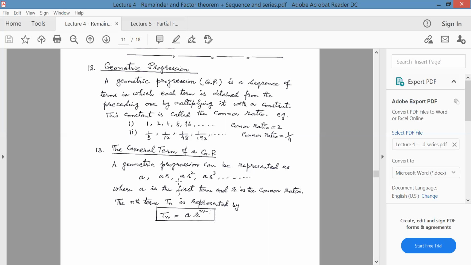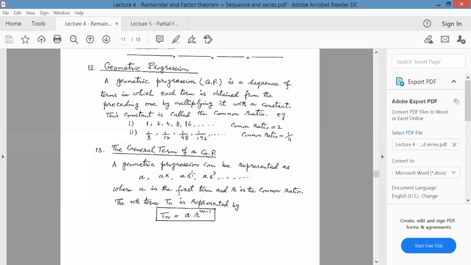Now, in general, what is the shape of the geometric progression? This is a, ar, ar square, ar cube. We are multiplying every term with r, the common ratio. The first term is a without r. Second term is ar. Third term is ar square. Now this is the third term and the power is 2. One less, na? Term is 3.